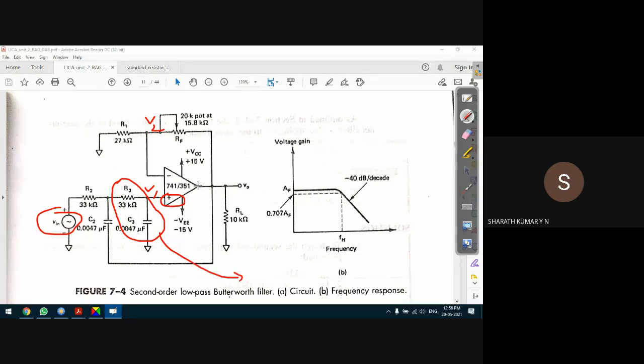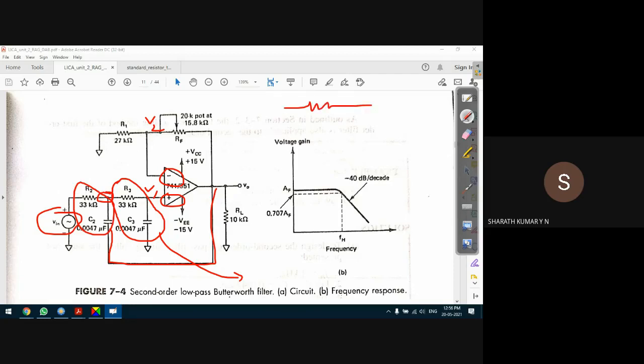Let's observe this. There are two feedbacks now. One feedback is to the inverting input terminal. Another feedback is through a capacitor to this network. So because of the feedback through the capacitor, for the first RC combination, I'll write here.